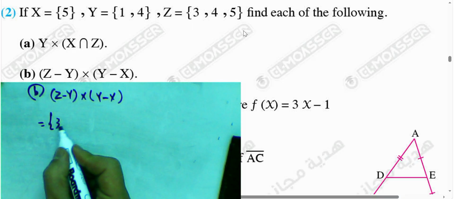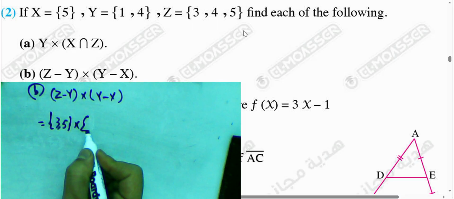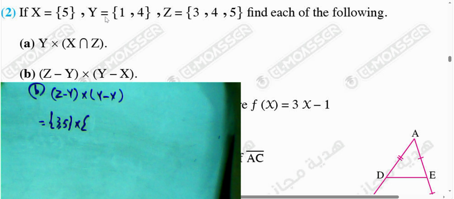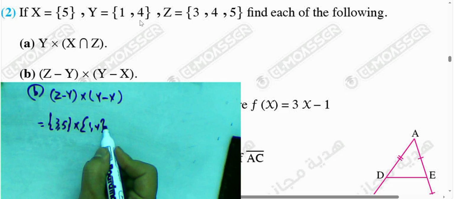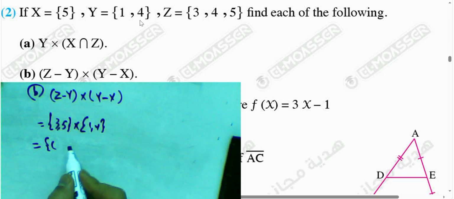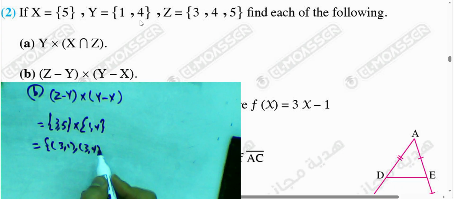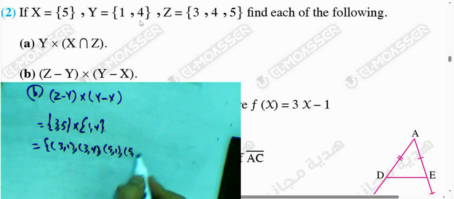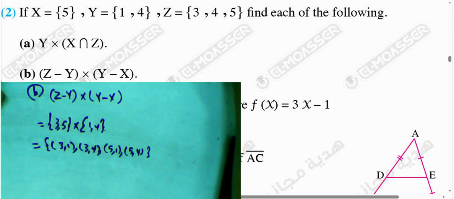Write 3 and 5. Cartesian product with Y difference X. What is the element in Y not found in X? 1 and 4. Then the Cartesian product will be 3 and 1, 3 and 4, and then 5 and 1 and then 5 and 4. Okay, it's the Cartesian product for this question.